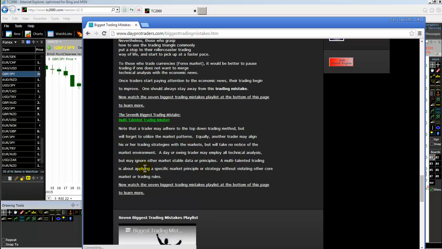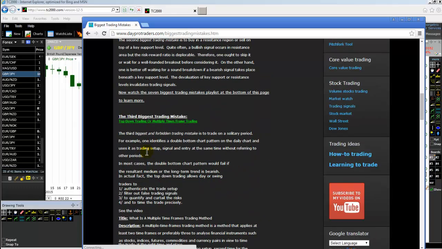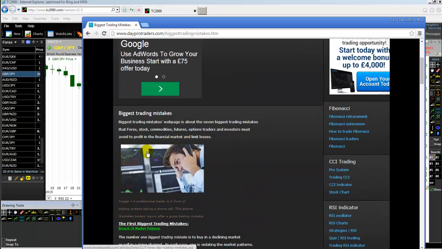When one is applying one method, one is adhering to one market principle, but one is also making sure that one is not violating another market principle. But this will come with more experience. That's why I put here number 7, because a lot of new traders will find it difficult to develop a multi-talented trading mindset. So first thing first, any trading system that we are applying, we must remember the 7 biggest trading mistakes.